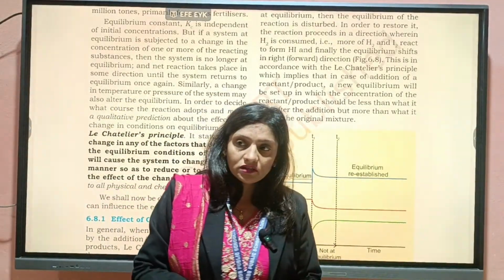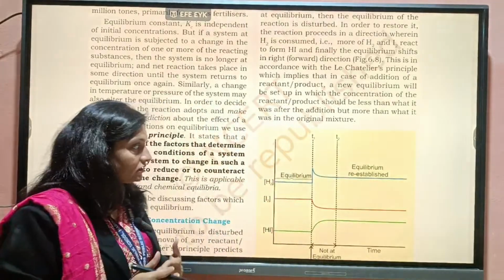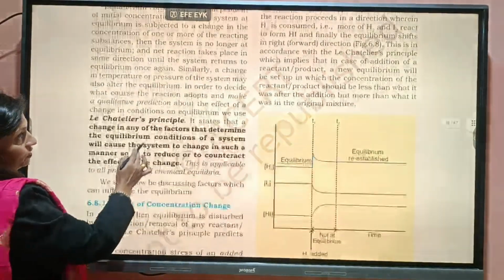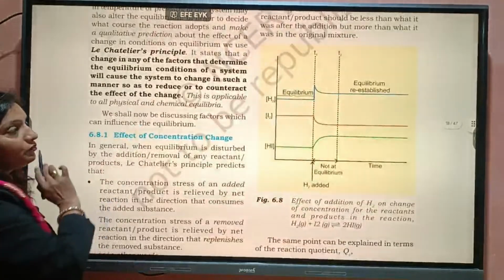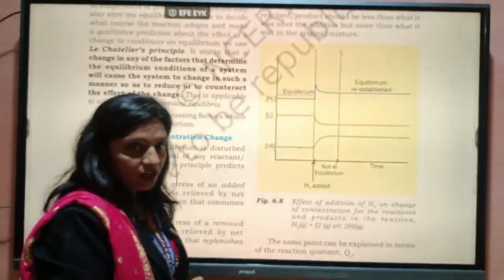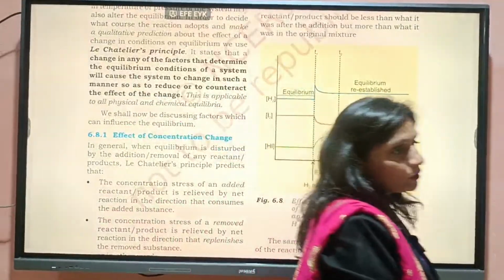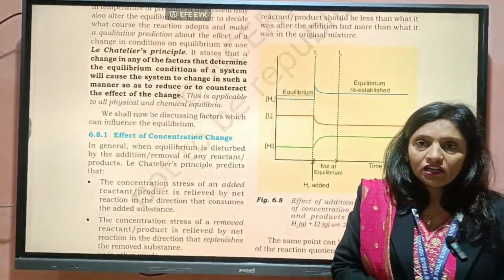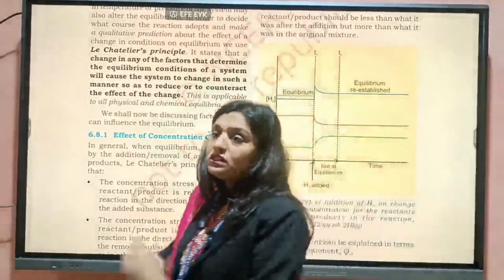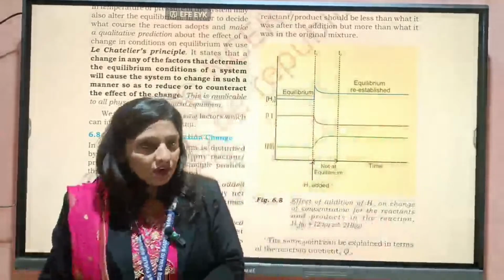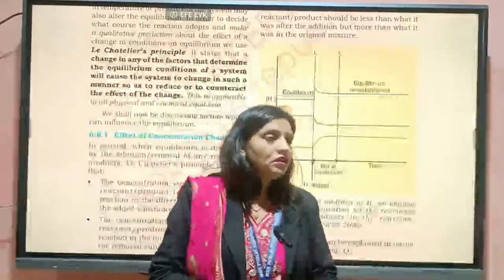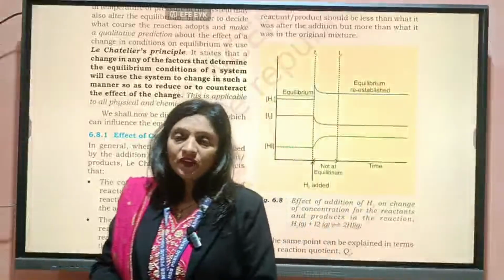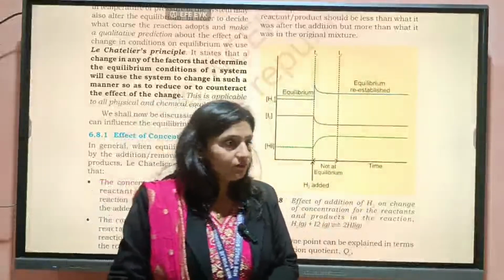First of all, we will discuss the Le Chatelier principle, and students, this is an important principle. Tomorrow we will discuss what the Le Chatelier principle is and how the concentration, pressure and temperature affect the equilibrium.